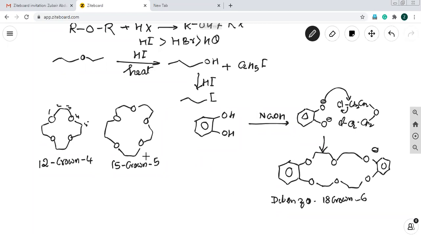Now, what is the importance of this? These are having a very important ability to form complexes. They have good ability to form complexes.